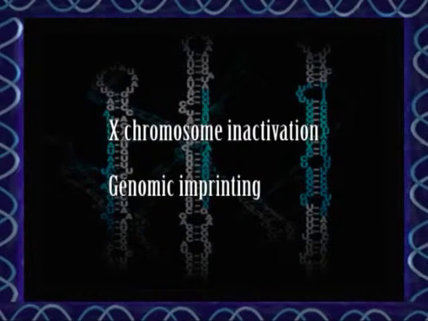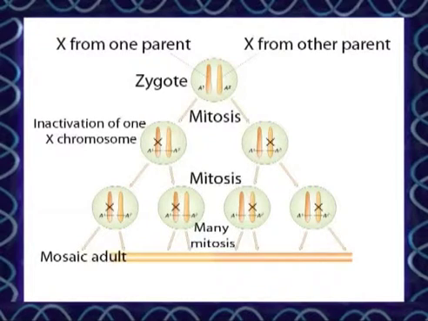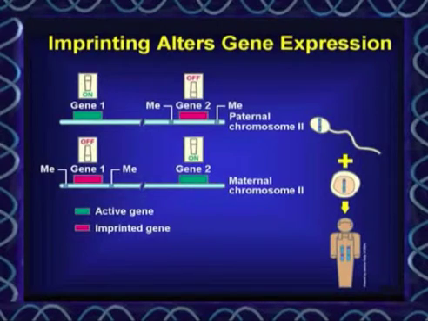In chromosome inactivation, one X chromosome of the sexual chromosome pair XX is randomly inactivated at a very early stage of embryogenesis. In genomic imprinting, DNA methylation prevents the binding of the transcriptional machinery, which leads to transcriptional silencing.